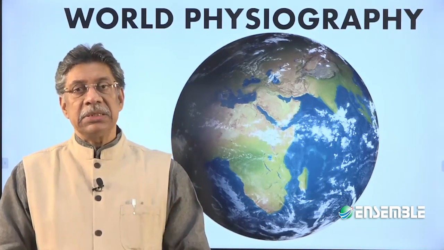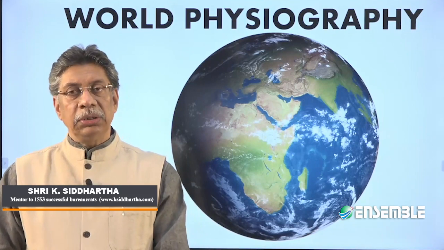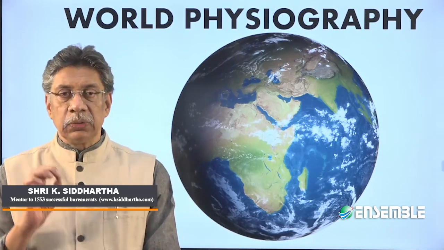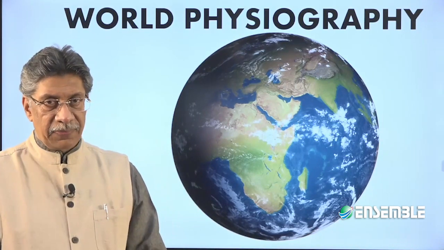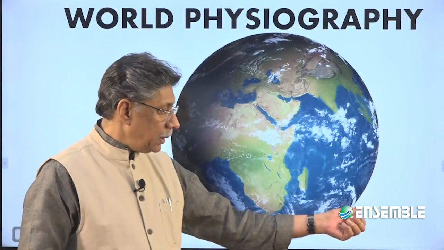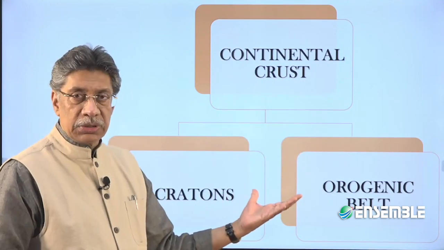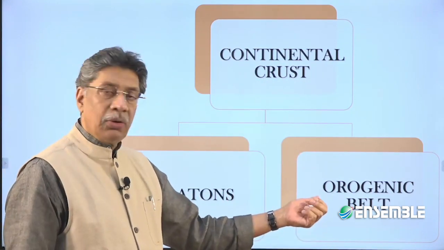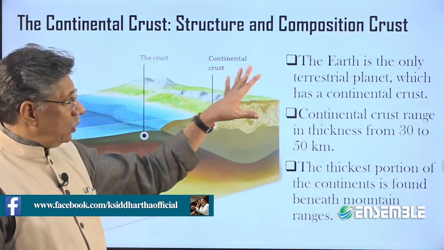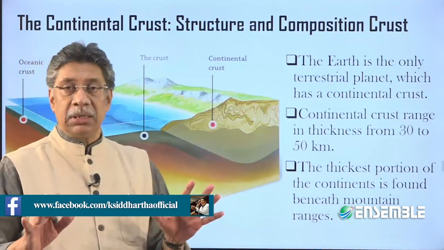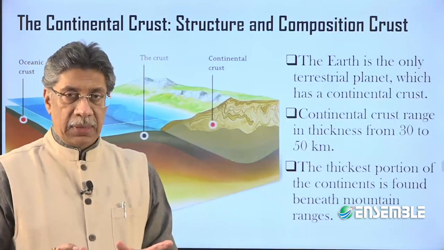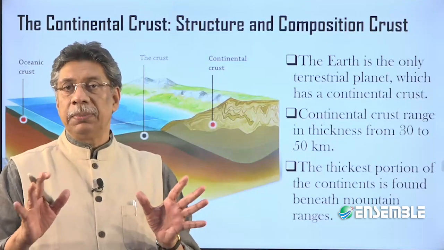In terms of basic geological character, the continental crust is divided into two types of regions, cratons and orogenic belts. The earth's crust is the only crust on the whole of the planet.